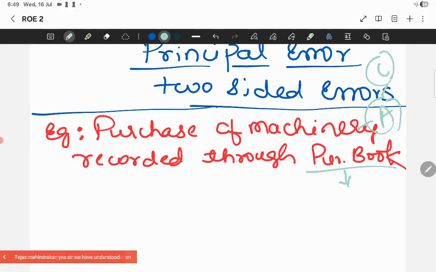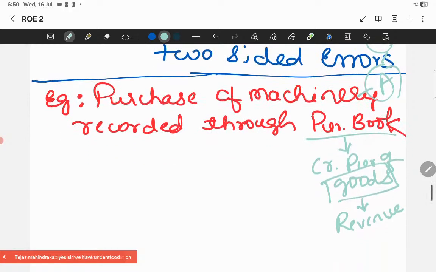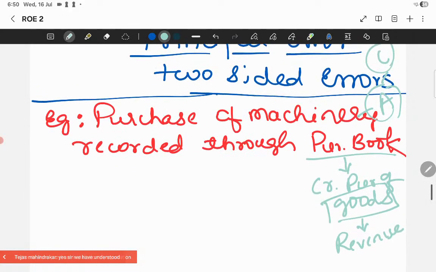Purchase book records what? Purchase book records credit purchase of goods. I am revising this also. Credit purchase of goods. Now the question arises, when it comes to goods, we call it revenue, because purchase, sale all fall under the category of revenue.